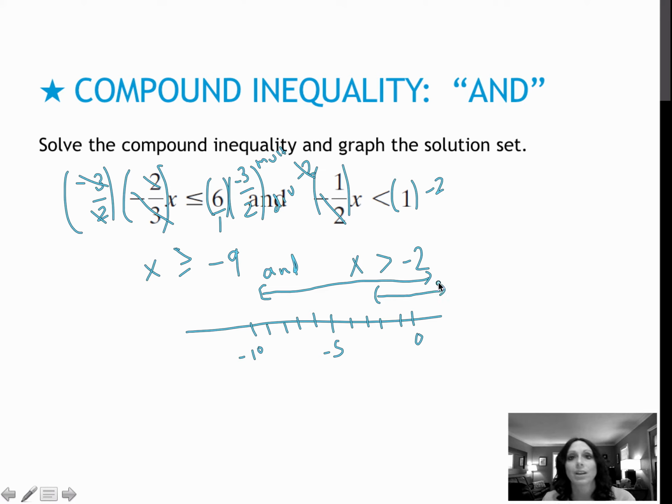So at what point are they both shaded? From here on, and this is an open bracket, which means my answer is all of the x's such that x is greater than negative 2, or in interval notation would be negative 2 up to infinity.